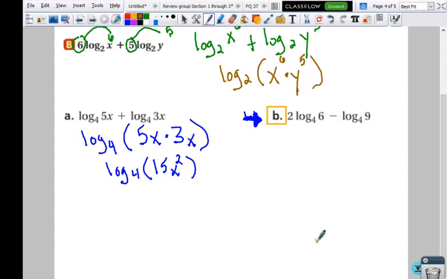Which says, if you ever have a minus in between, you take the top one and you divide it by the second one. The first one was x and then you divide by the second one. Because that minus changes to a divide. So it would just be 36 divided by.